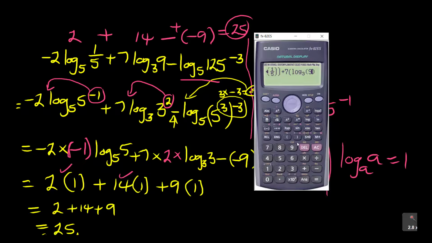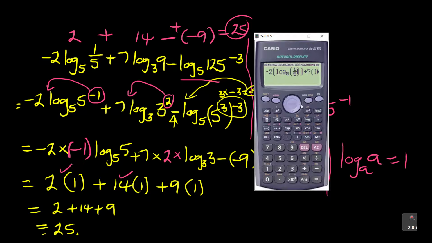I'm comfortable using brackets. As you can see, I'm closing that. Don't forget, when you open one, you need to close. And then it's minus, and then it's -3 bracket log 5, and then it's 125, equal to, why is it an error?